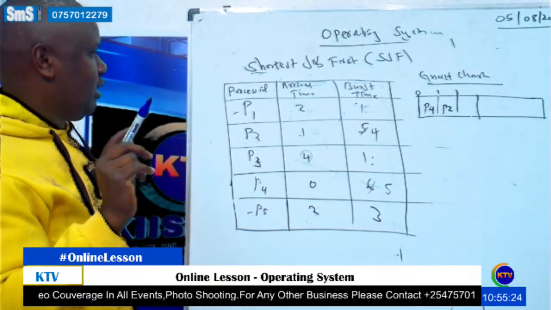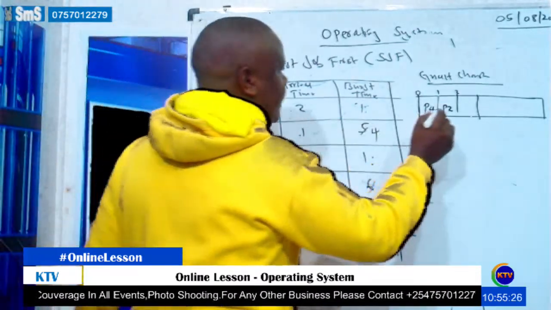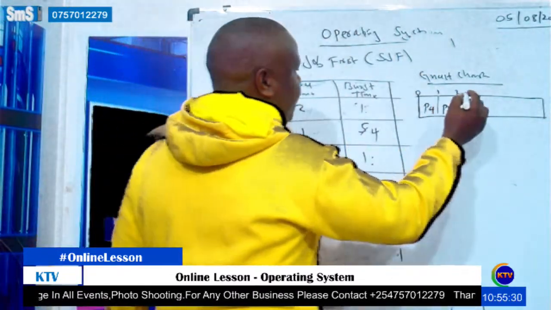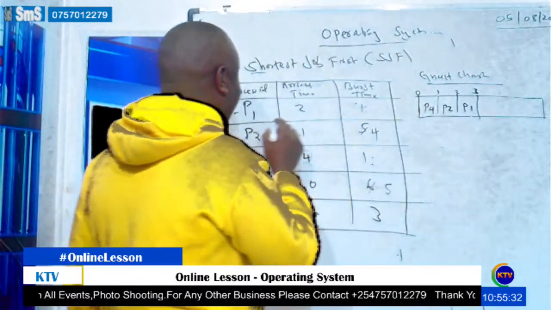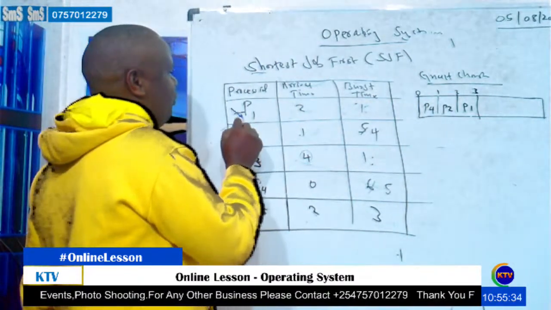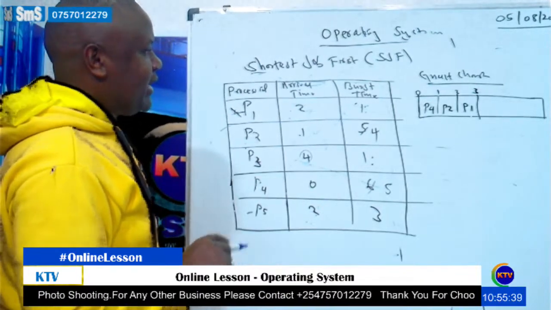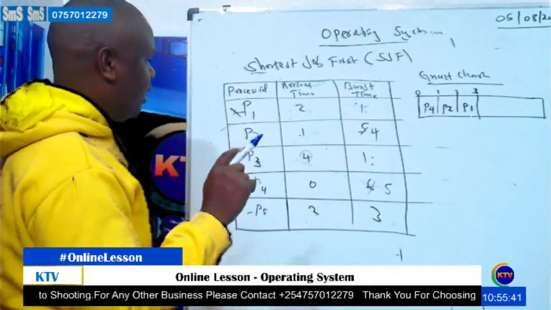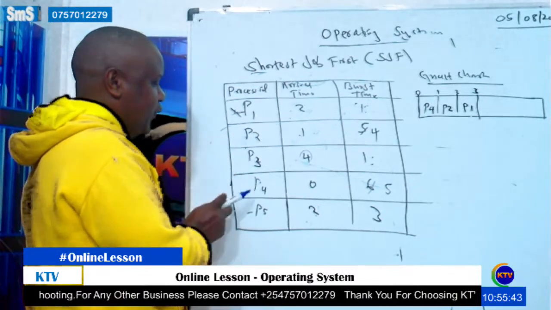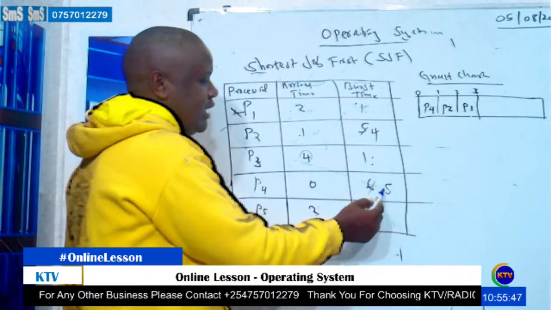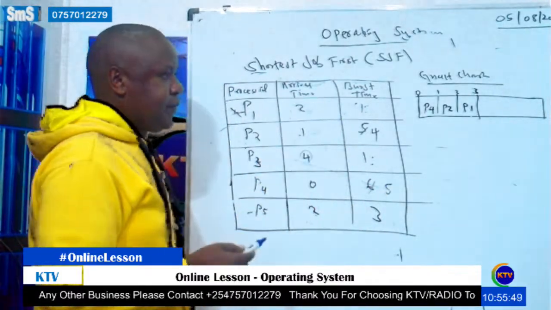So process 1 will be allowed in, and it takes only 1 minute and finishes at 3 minutes. So this process has been completed. But remember, process 2 and process 4 have not completed. They still have some past time remaining.